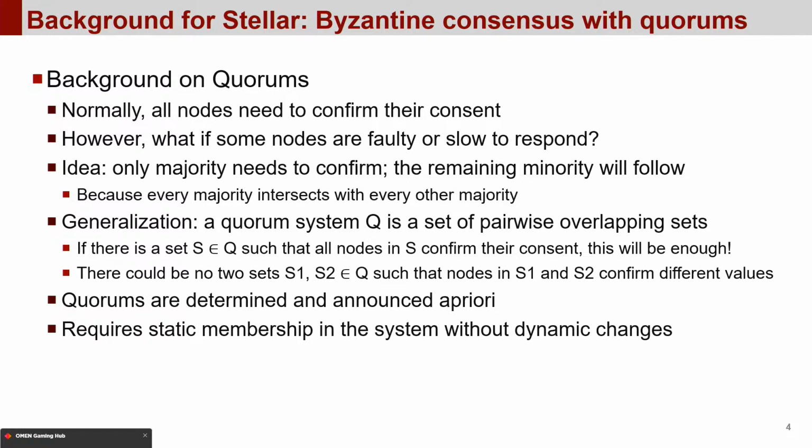A quorum system Q is a set of pairwise overlapping sets of nodes such that if there is a set S that belongs to the quorum system and all nodes in S confirm their consent, this will be enough. So we need only one set out of a set of sets, and we need all nodes in that set to confirm. The other rule is that there can be no two sets belonging to Q such that nodes in the two sets confirm different values.